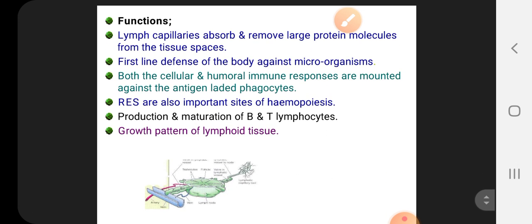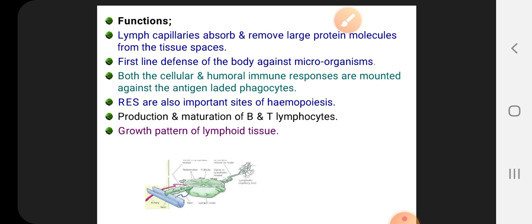Functions: the lymph capillaries absorb and remove large protein molecules from the tissue spaces. First line of defense of the body against microorganisms. Both cellular and humoral immune responses are mounted against the antigen-laden phagocytes.